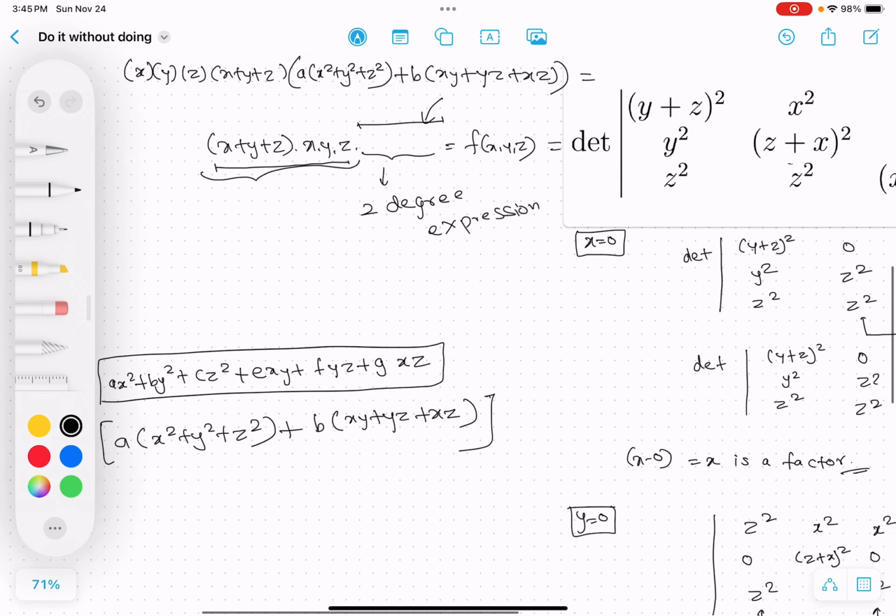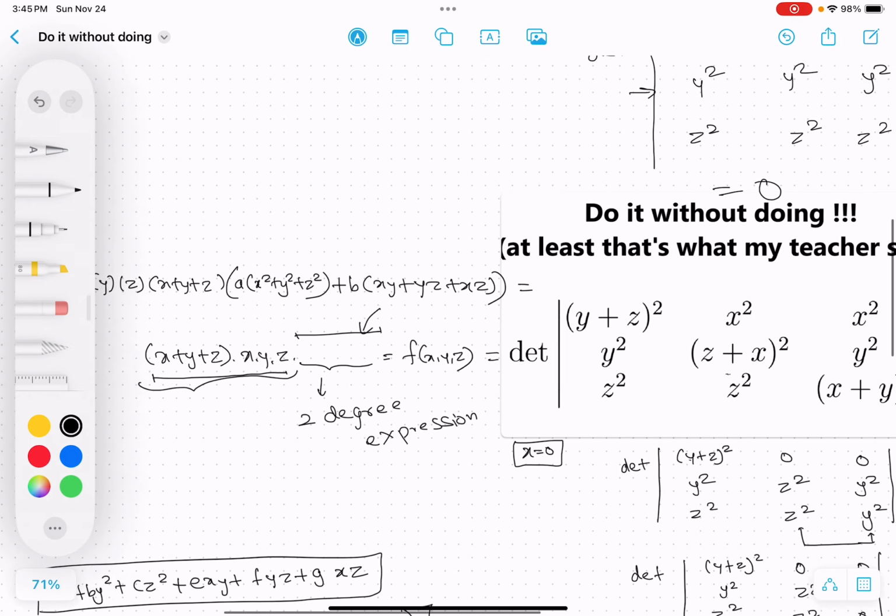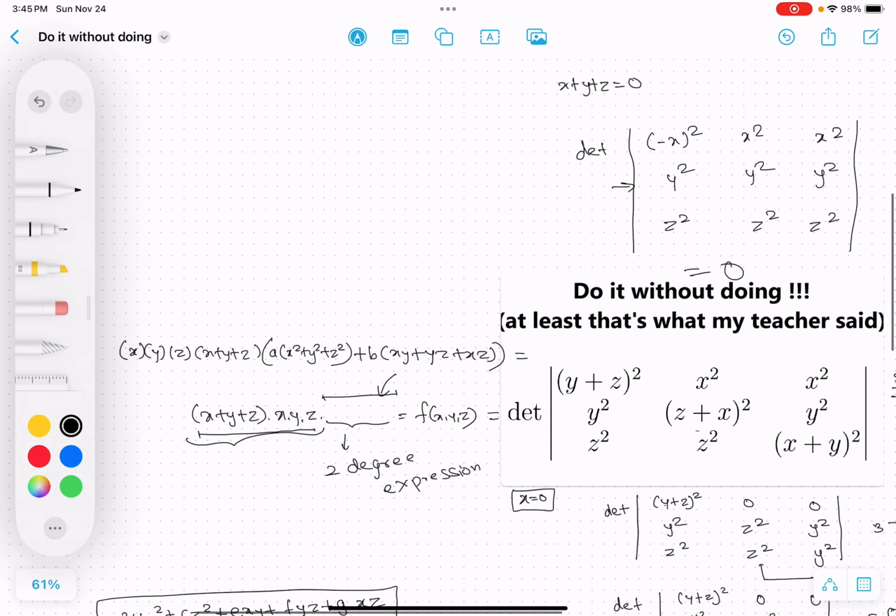It's not that hard. This is also our determinant, they are the same expressions, so you can substitute values for x, y and z. Let's say x as 1, y as 1, z as 1. Let's see what we get from this expression.